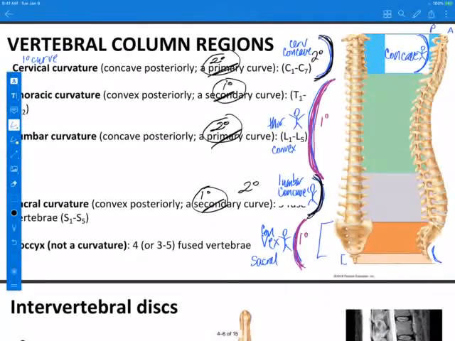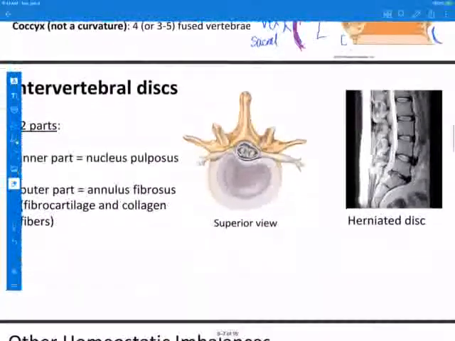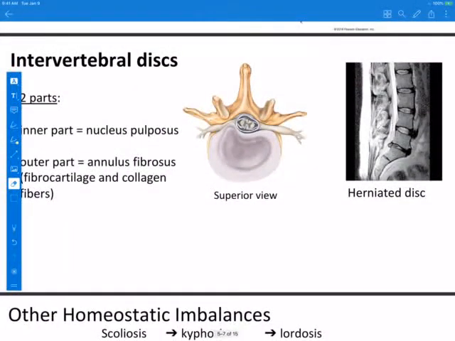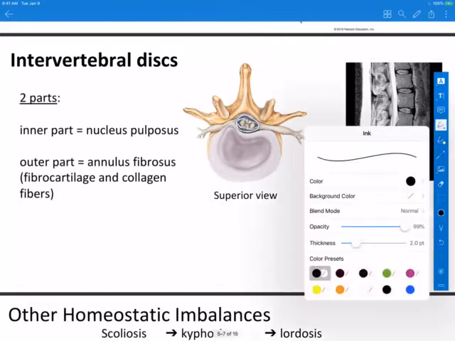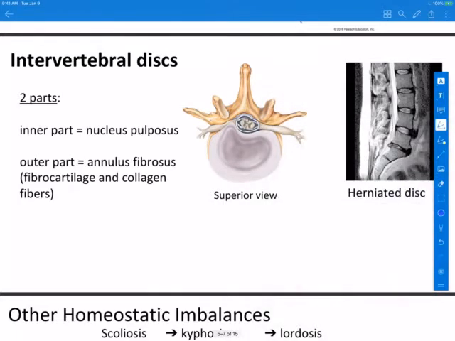Okay. All right, so let's talk a little bit about the intervertebral discs, because they relate to these curves and they help provide the spring-like shock absorption. There are two parts of an intervertebral disc. The very centermost part, which would be here, is called the nucleus pulposus.